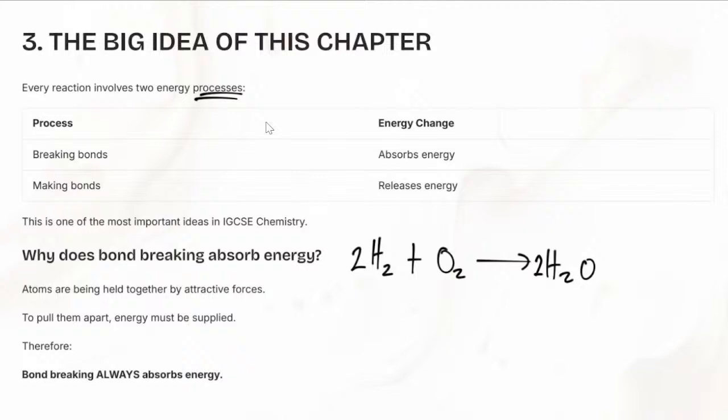Now, what you must know is that for hydrogen to ever react with oxygen to give you water, we must break the bonds that are holding the hydrogen together and the oxygen together. Then when they are separate, we join them and form something.